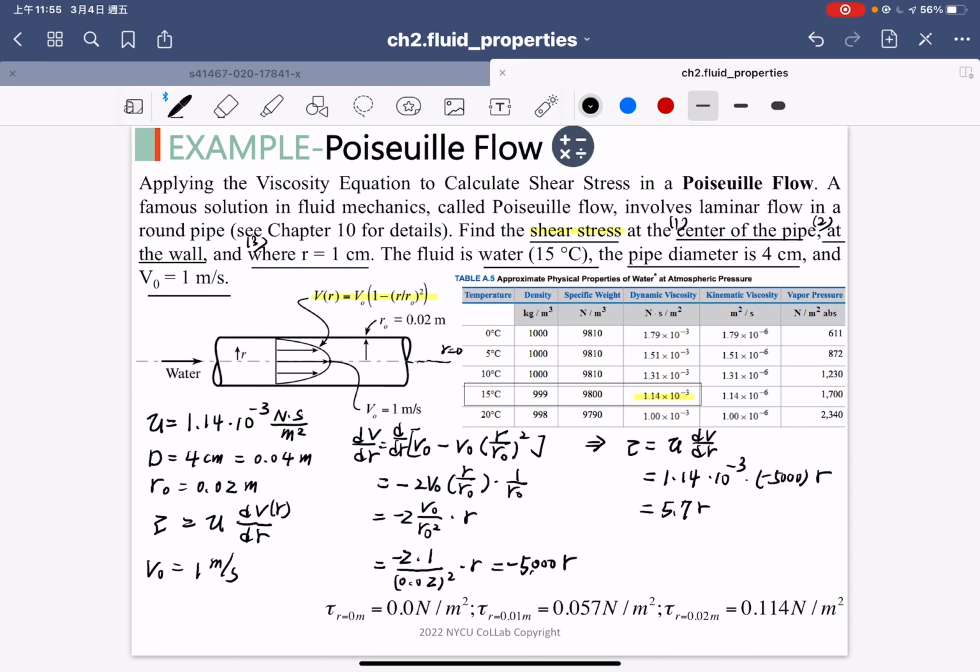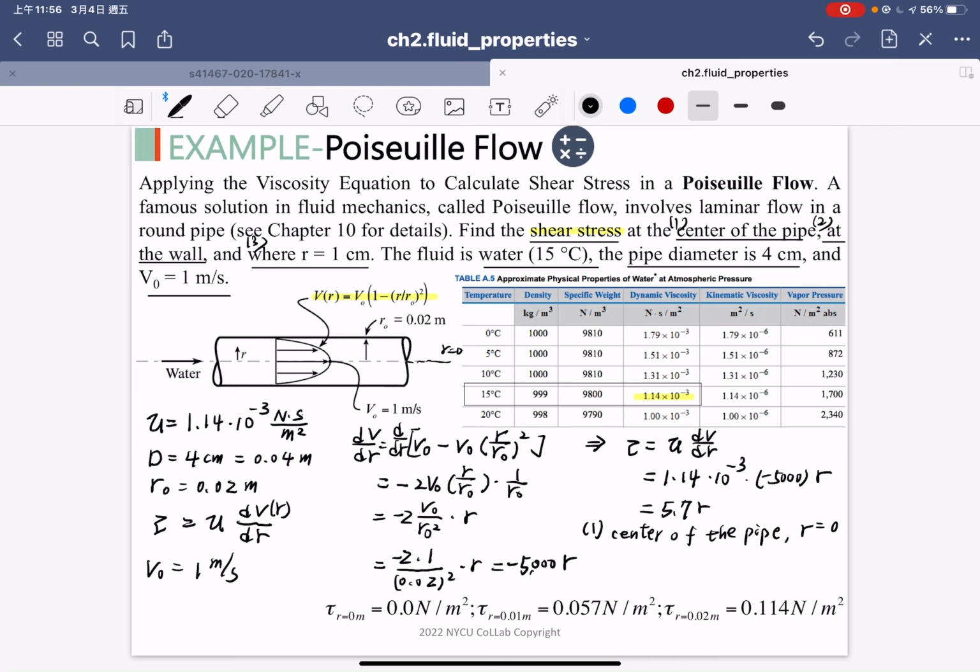So first, the one is the center of the pipe. The location is at the center of the pipe. So we know that in that case, R is equal to 0, right? Because at the center, R is 0.